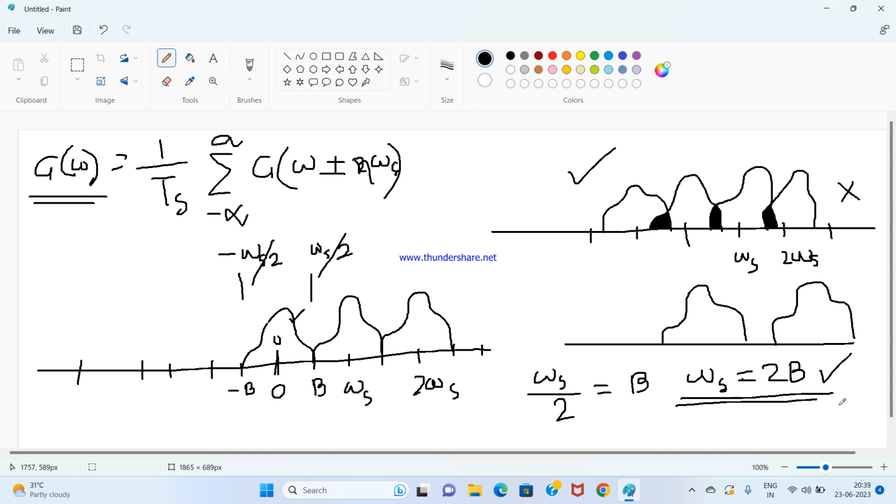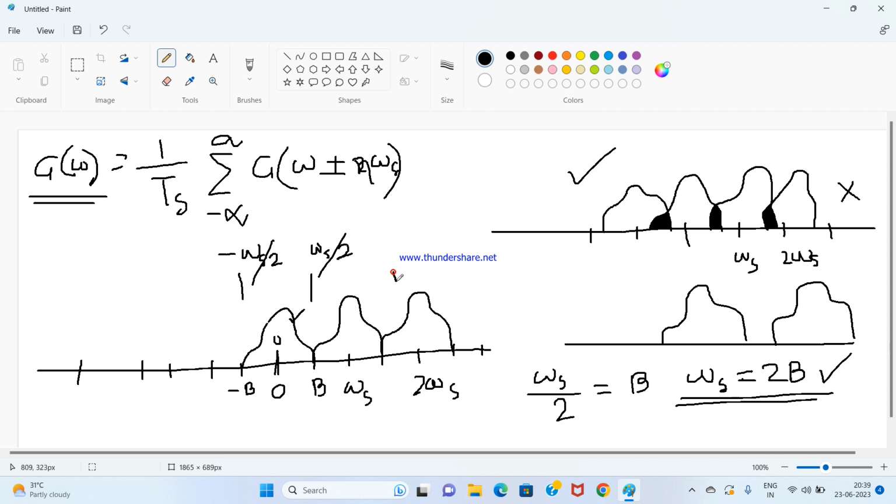So now from this mathematical analysis, we understood that for successful reconstruction from sample data, the sampling rate at least should be equal to 2B or higher than that.